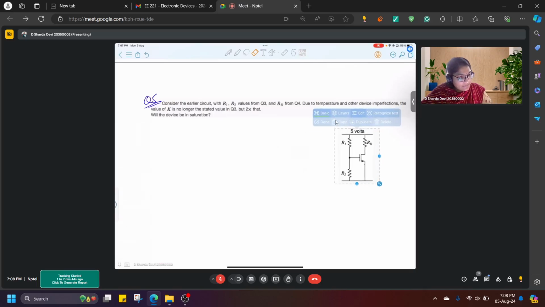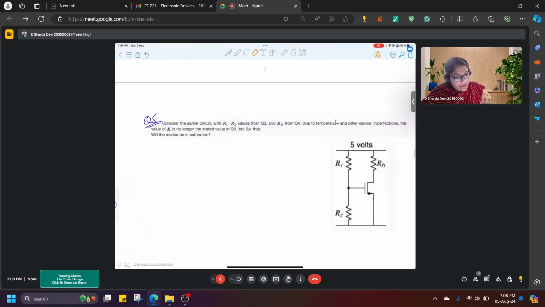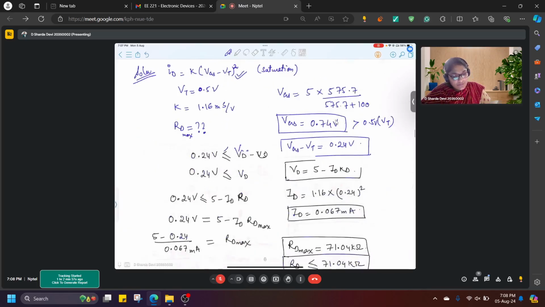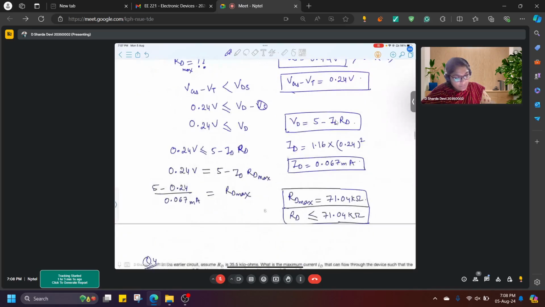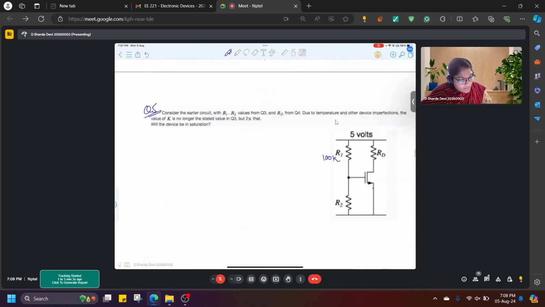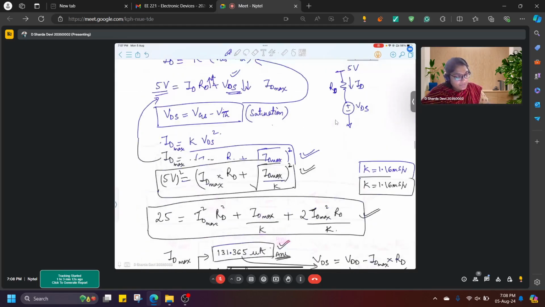Okay. So again, for the same problem. Here it is given that R1 and R2 are used from the previous problem, that is question number 3, and RD should be used from here, that is 35.5K.